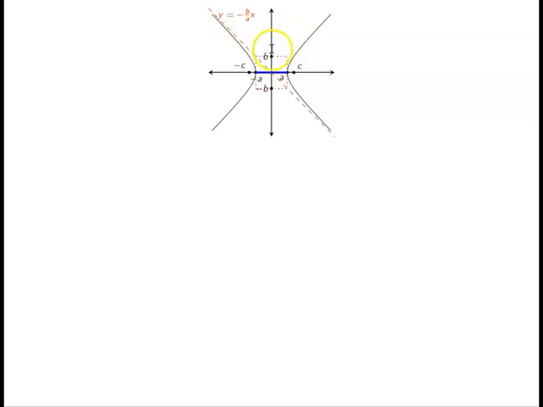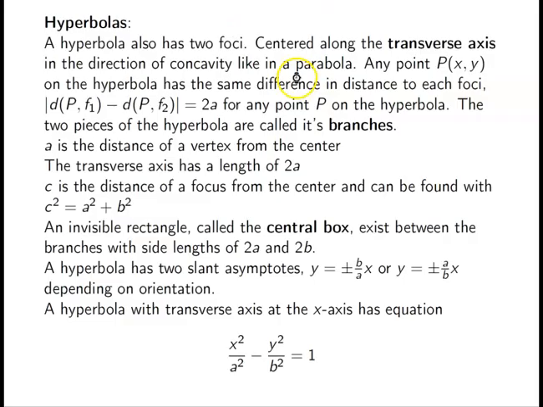So that'll be y equals b over a x. Those are all of our points. So if I know a and b, I know this box, I know the slant asymptotes, I know where the vertices are, and then I can figure out where the foci are because we have this relationship with a and b that c squared is a squared plus b squared.